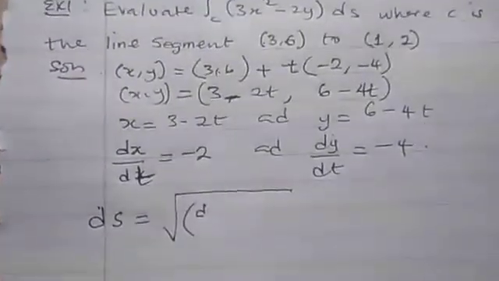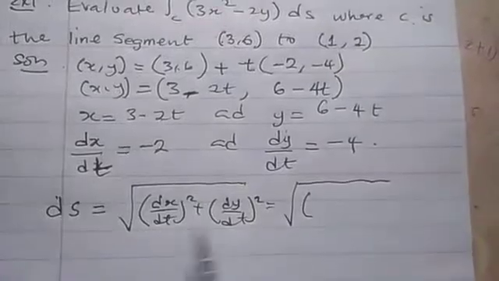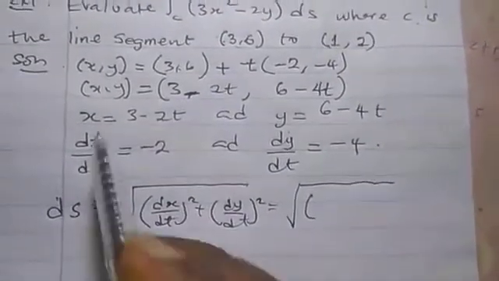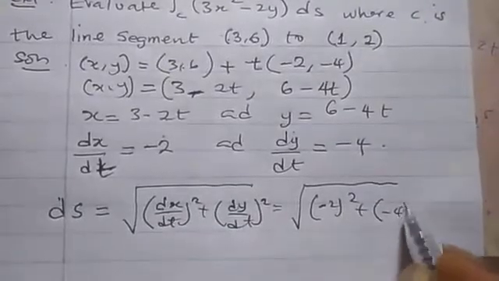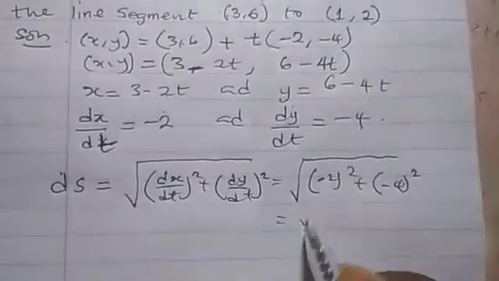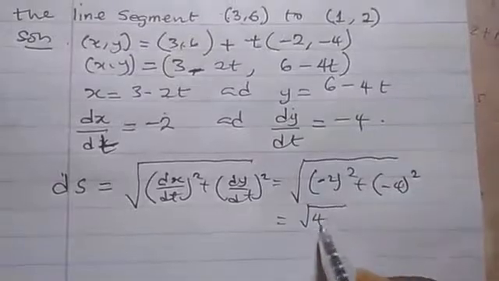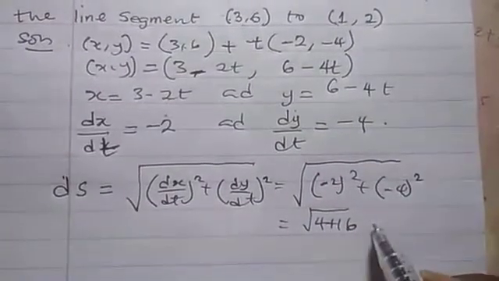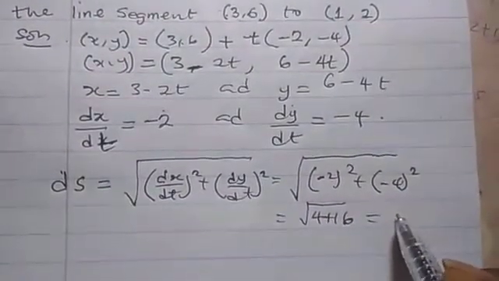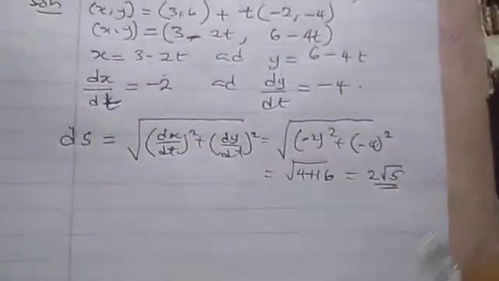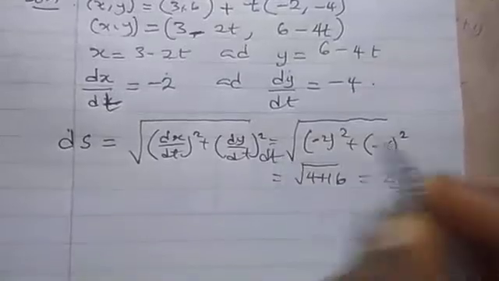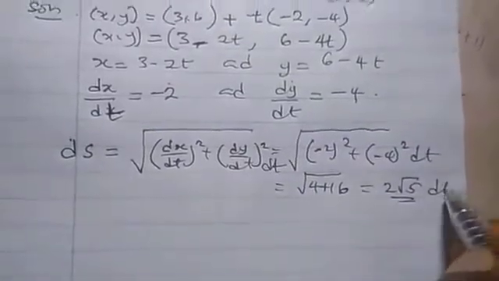Ds dt has been given as this. Our ds dt, we put it there, minus 2 squared plus minus 4 squared. So this will give me 4 plus 16. This is root 20, and root 20 is the same thing as 2 root 5. We have known our ds. Don't forget that there is dt here.